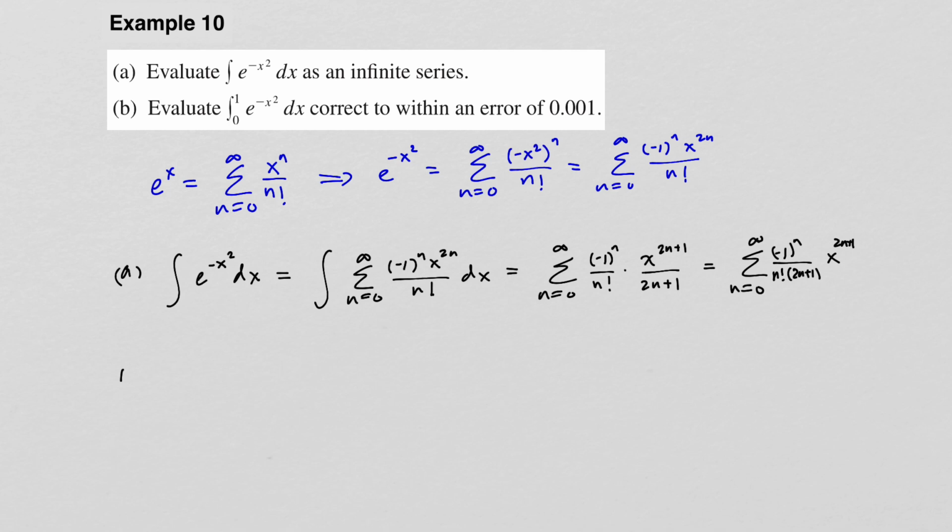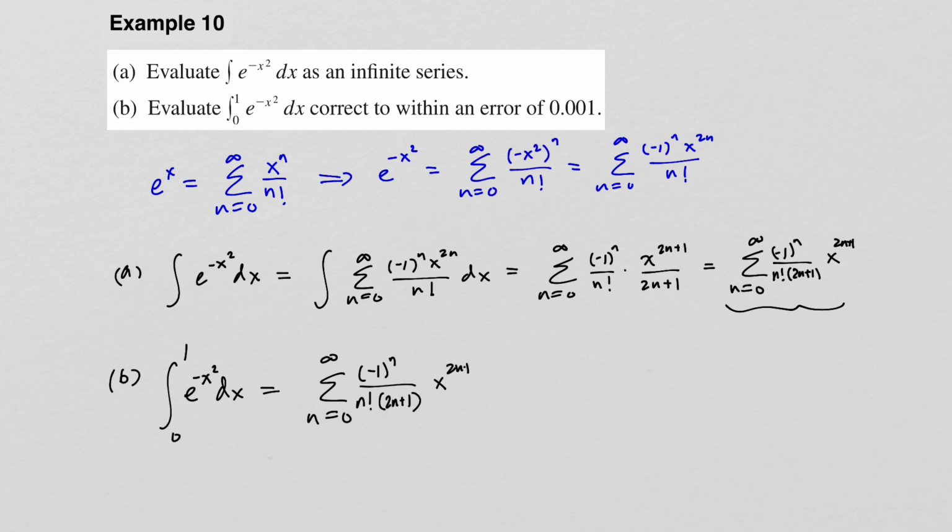Now for part B, we basically want to take the same integral but evaluate it from 0 to 1. So that would be taking the series that we ended up with here in the end, and evaluating it from 0 to 1. Well, that means you need to plug in 1 according to the fundamental theorem of calculus.